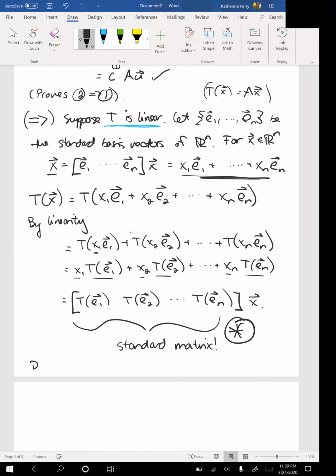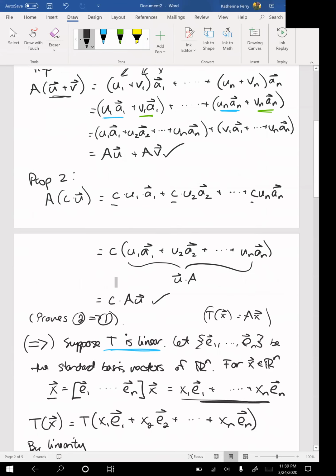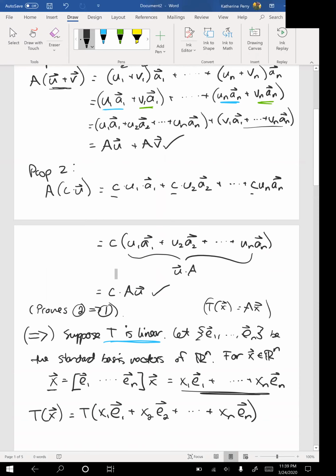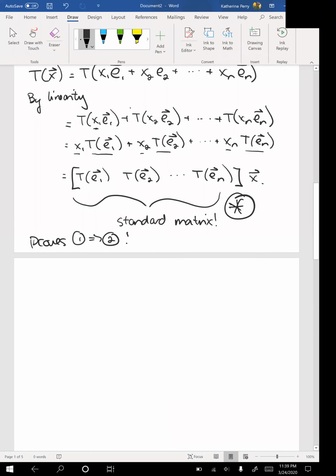So here this proves that 1 implies 2. But I'm going to say that actually we're not quite done. And let me go back up here to this statement of the theorem. And it's that there exists a unique matrix A. And so actually, let me put a question mark here.